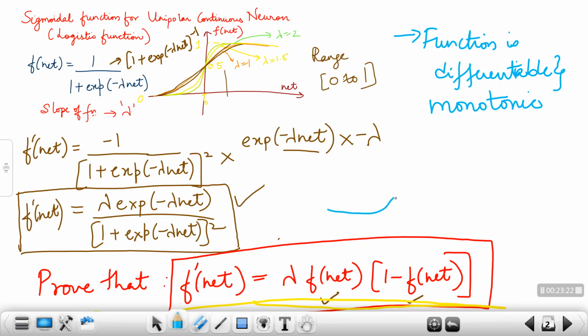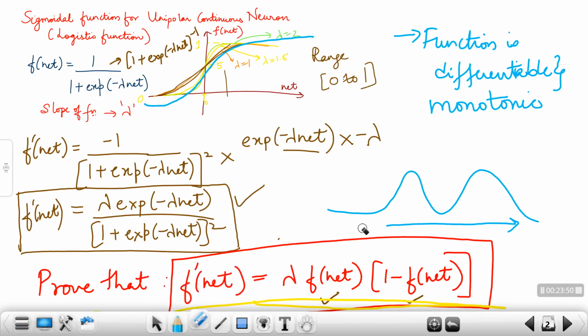So if at all I write something like this and then like this, it is a non-monotonic function, because as your net goes on increasing, your f of net is not increasing; it is increasing, decreasing, increasing, decreasing. So it is a non-monotonic function. But this particular function is an S-shaped function, it always goes on increasing, so it is a monotonic function.